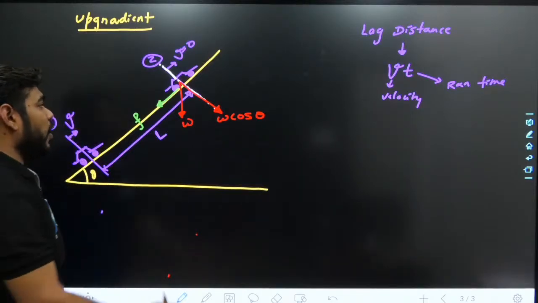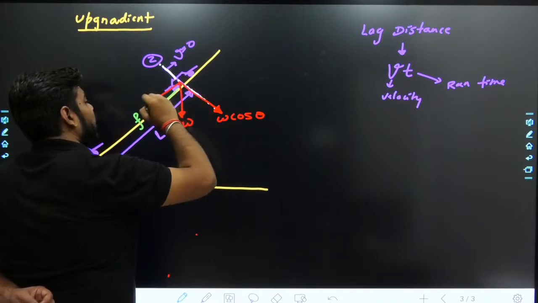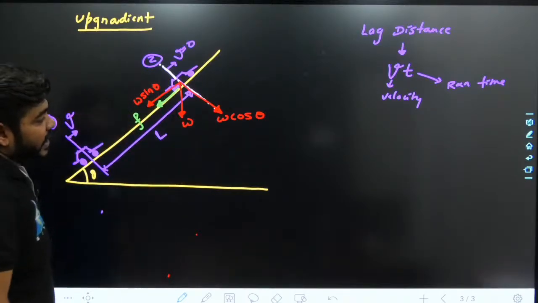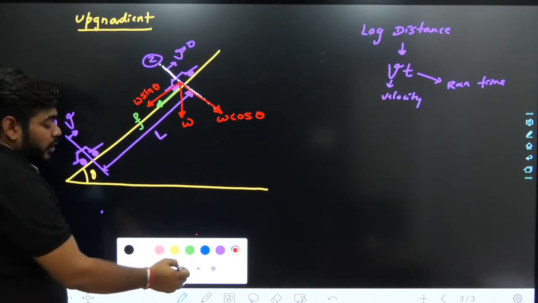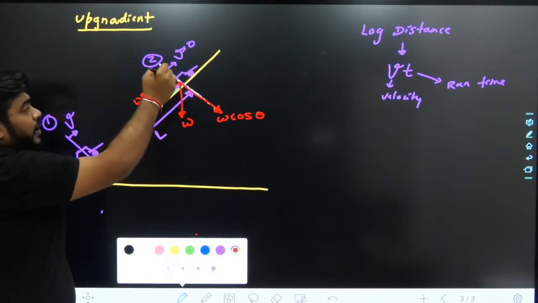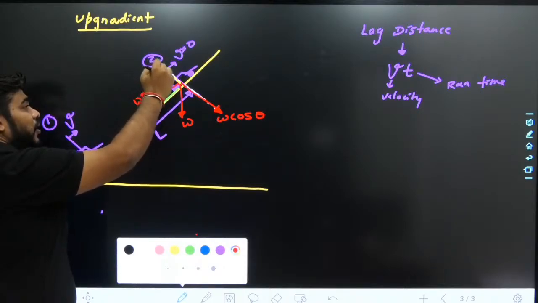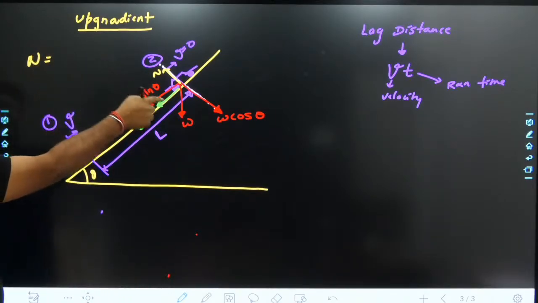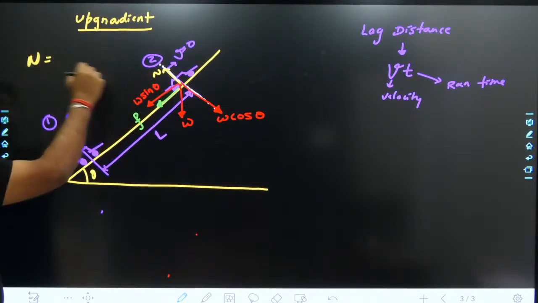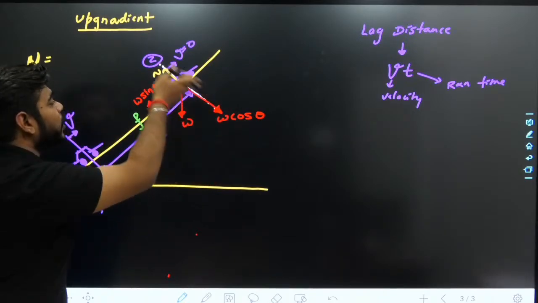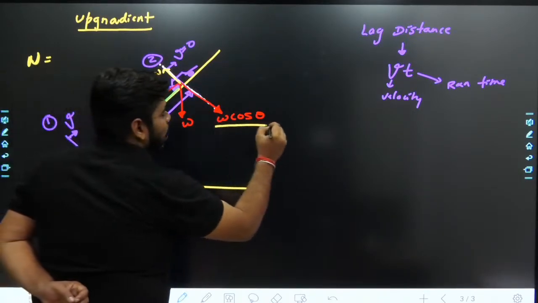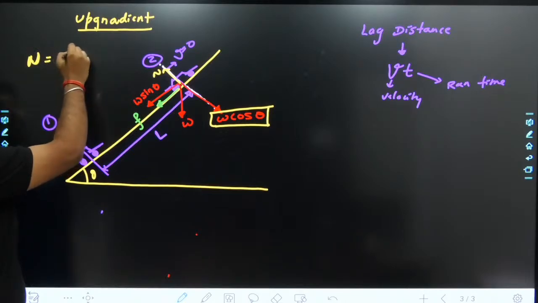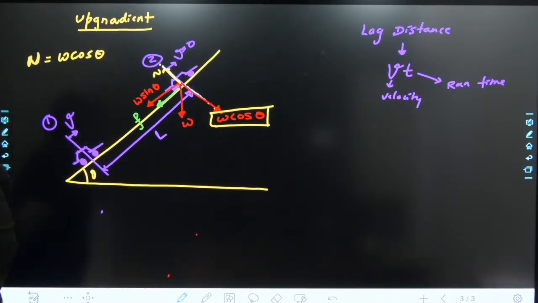If somebody asks what the normal reaction is for this vehicle, the total vertical force acting downward is W cos theta, so the normal reaction is W cos theta.